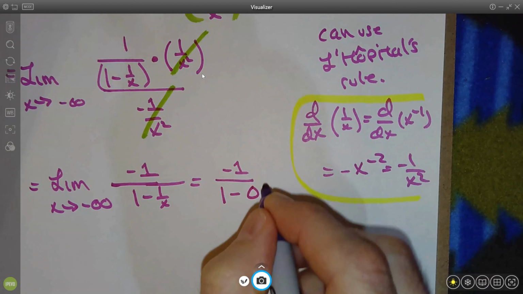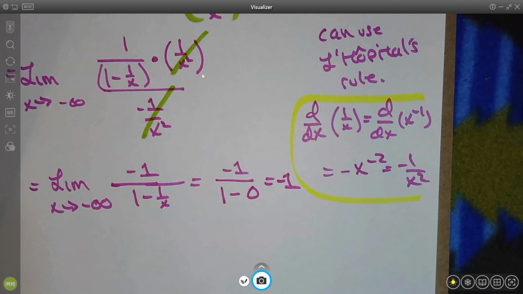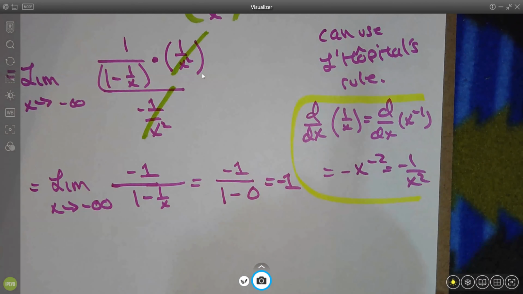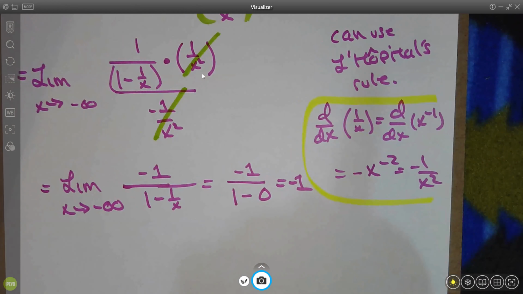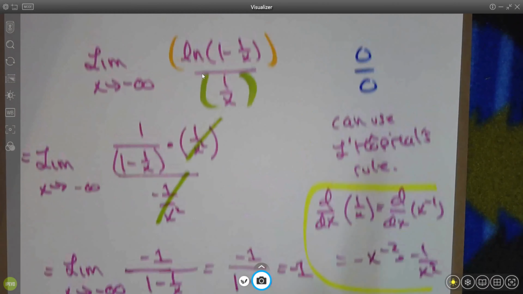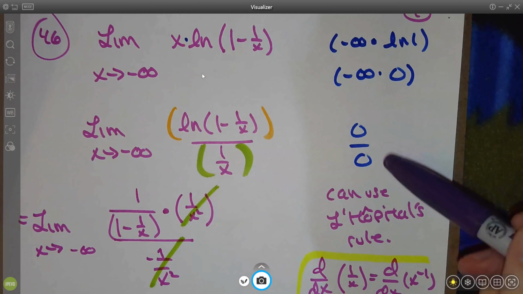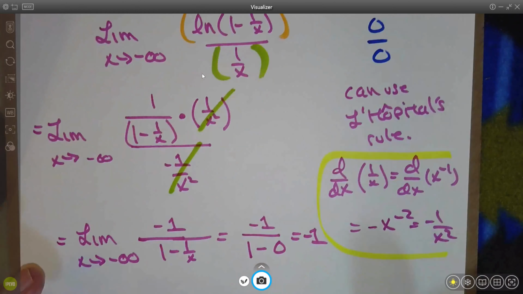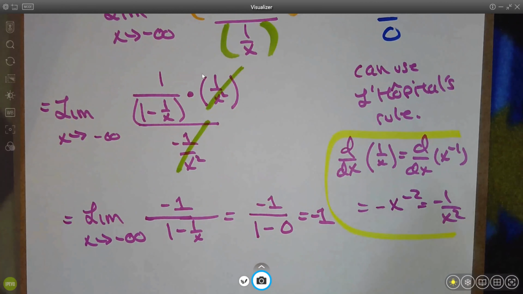So we just get negative 1. Not bad. So a little bit of trickiness because we had to rewrite the expression at the beginning, to get it in L'Hopital's rule form, 0 over 0. But after that, a little care with the derivatives, take the limit, we're done. Goes to negative 1.